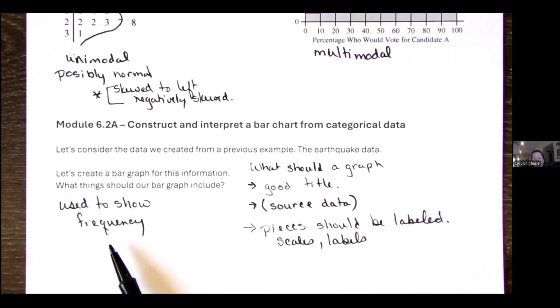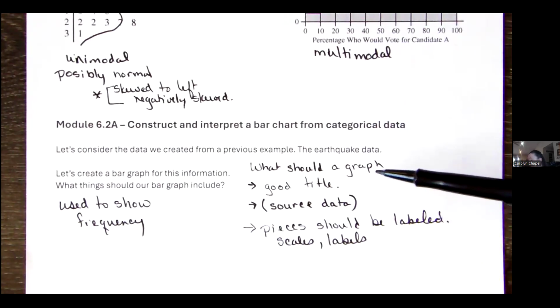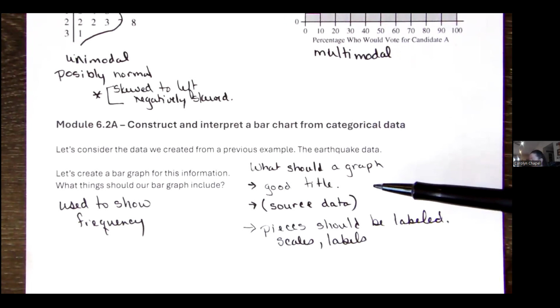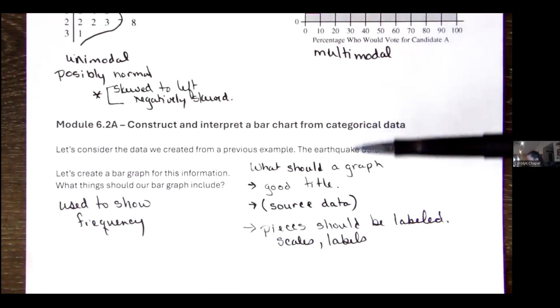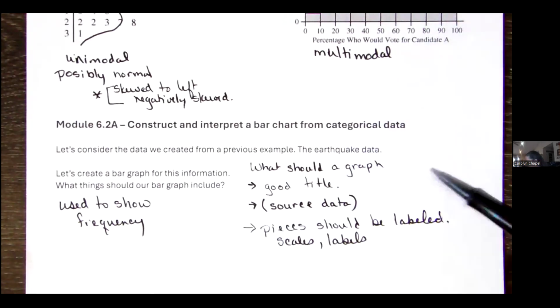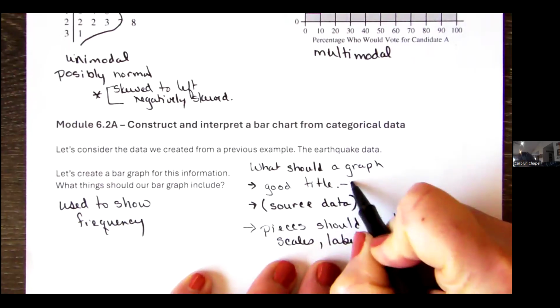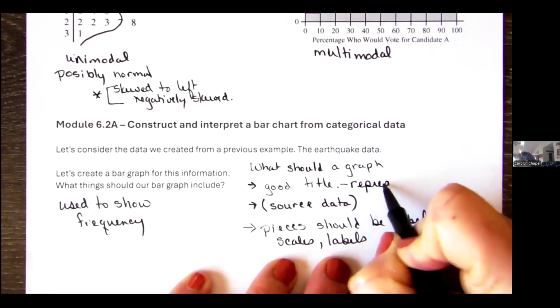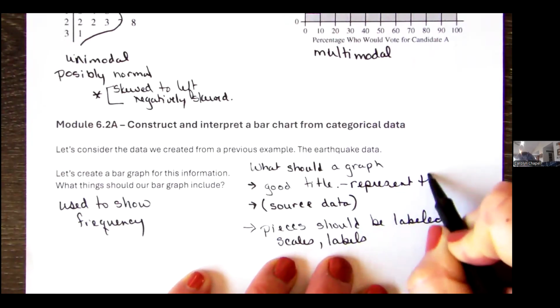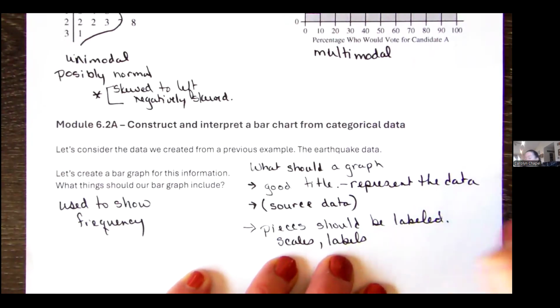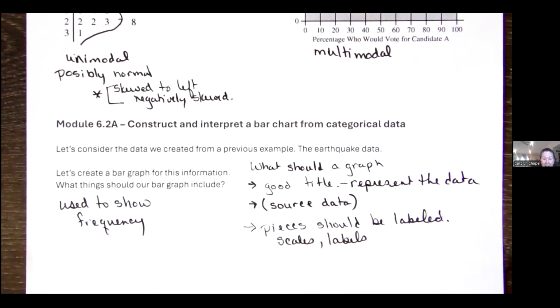When you are graphing data, no matter what types of graphs you are using, some things you should always have, although my graphs did not, is a good title. And what I mean by a good title is that it will represent the data. It will tell the reader what they're looking at.